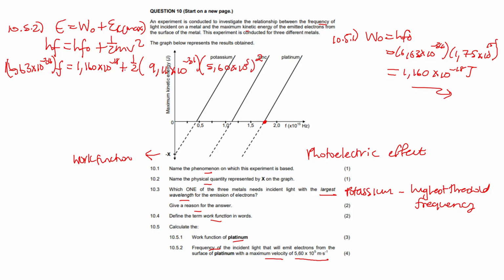And then we do the multiplying, to have f alone, we do division, etc. And we get our frequency of the incident light to be 1,97 times 10 to the power 15 hertz. And that is it, guys. See ya.